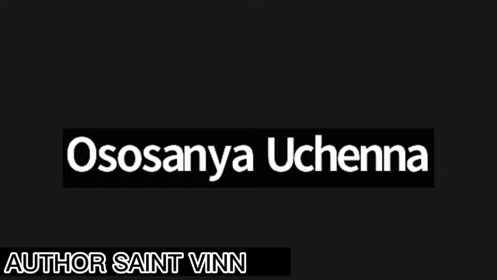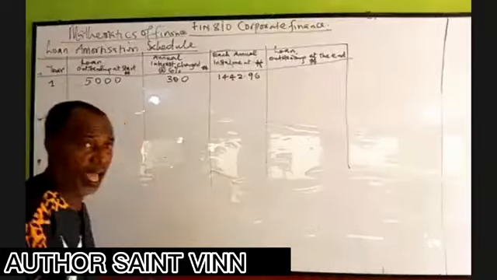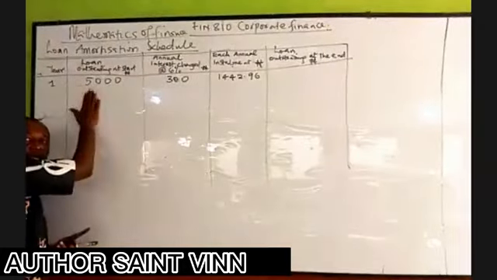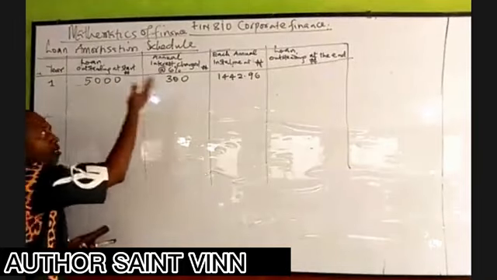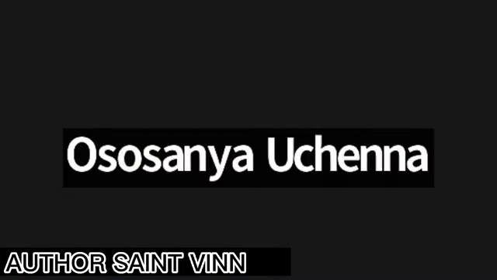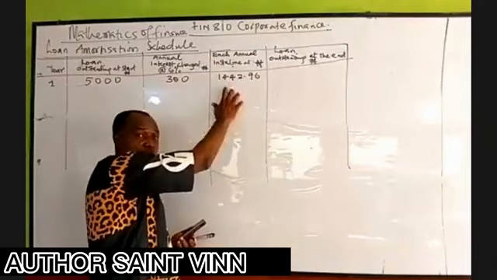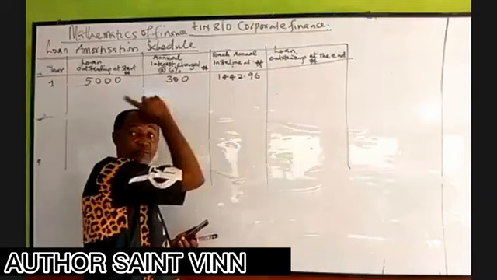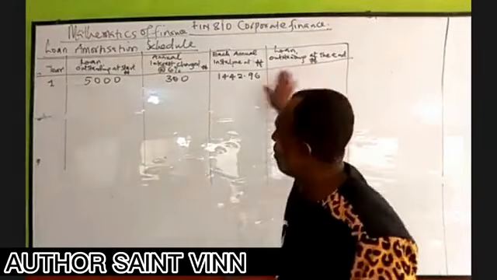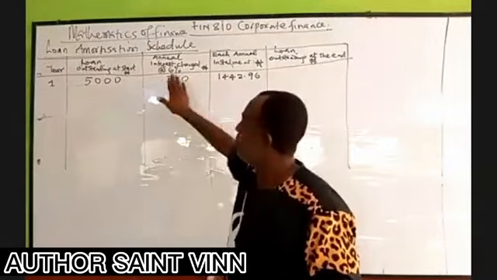Is it clear? This is our loan, year one. They will calculate. By the end of that year, we'll pay this as the first installment, and something will remain. Somebody press calculate 5,000 plus 300.